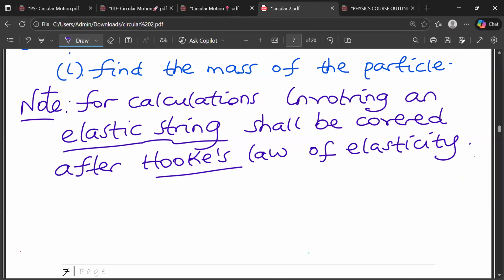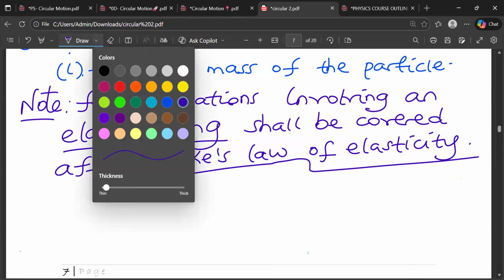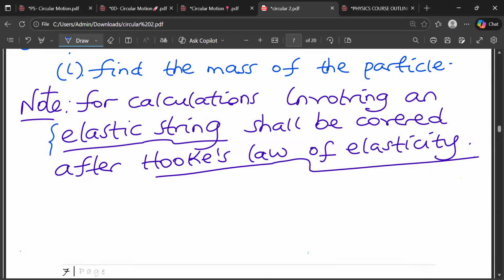So when you cover Hooke's law of elasticity and talk about the elastic string, now we can also come here and talk about the elastic one. Those who will be listening to this in the future, you will have to look for where we covered Hooke's law from. Then you will come back to further lessons of circular motion and see those that involve the elastic string. Simple as that.